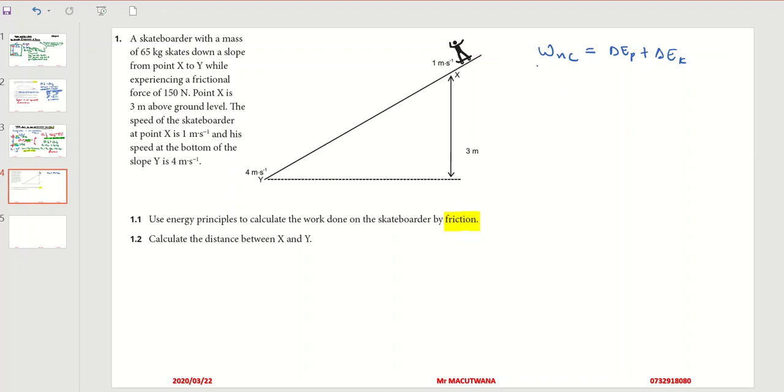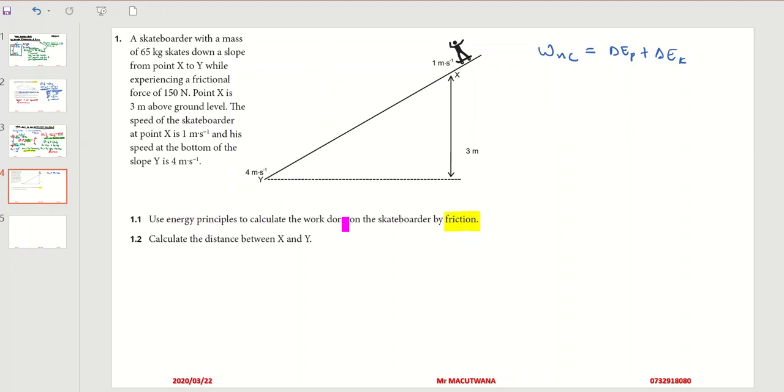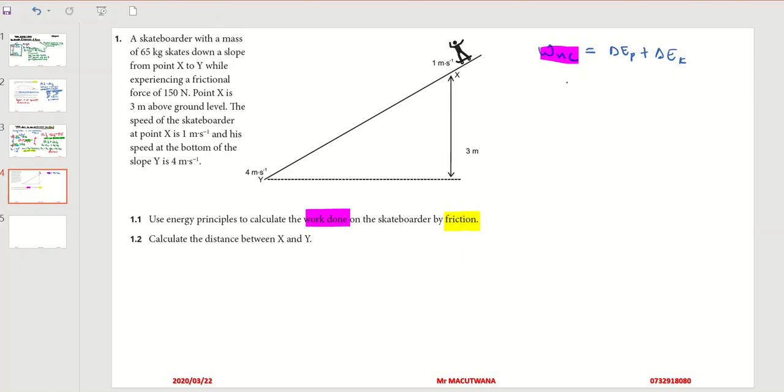So the question here needs us to work out the work done by friction. So it means we are required to find this W_NC.